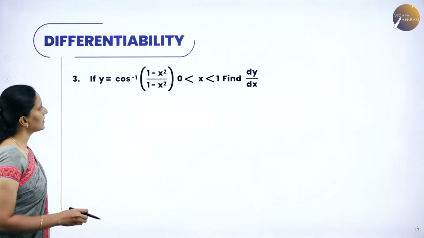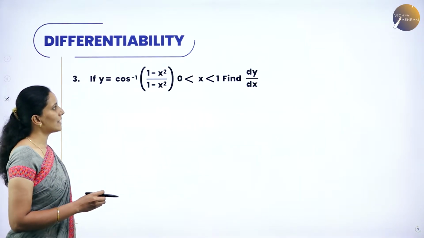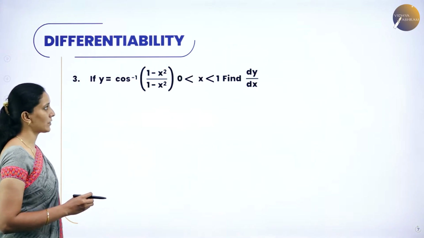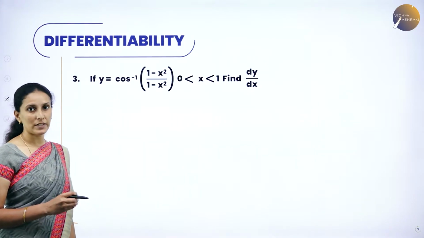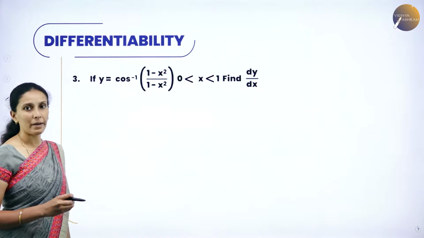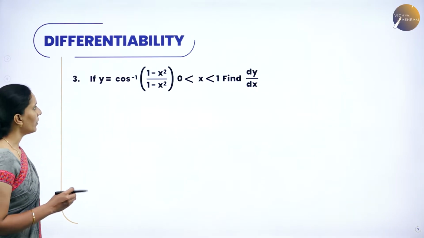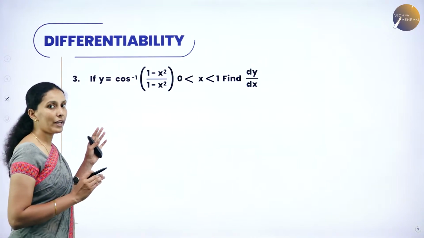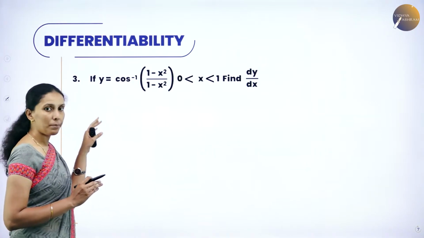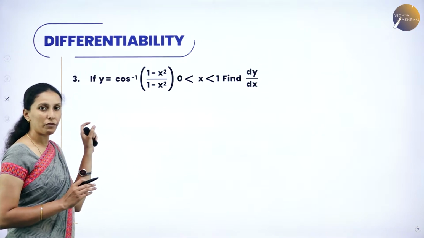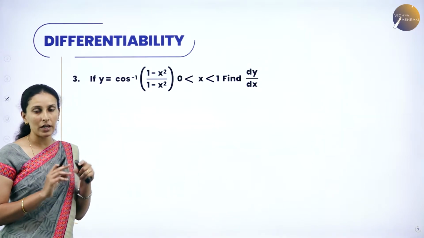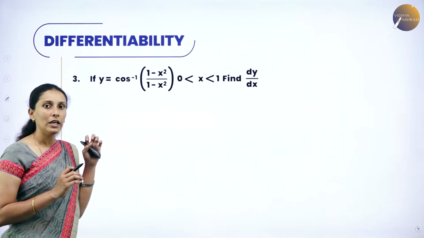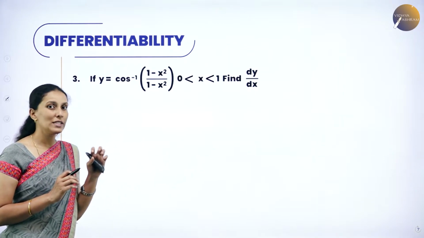Next, if y is equal to cos inverse of (1 minus x square) divided by (1 plus x square), where x lies between 0 and 1, find dy by dx. So here you have an inverse trigonometric function. You have already found the simplification of this type of equations in the inverse trigonometric lesson, that is, write the following inverse trigonometric functions into simplest form.